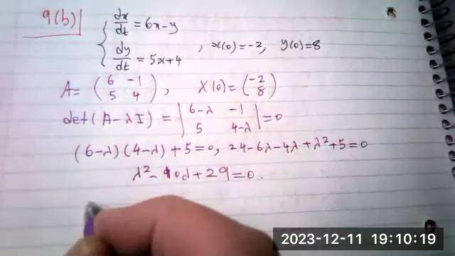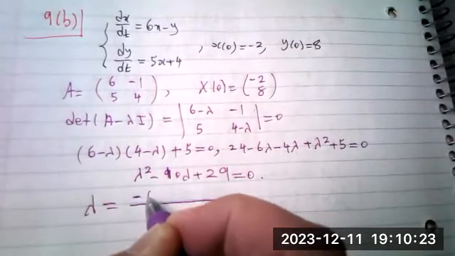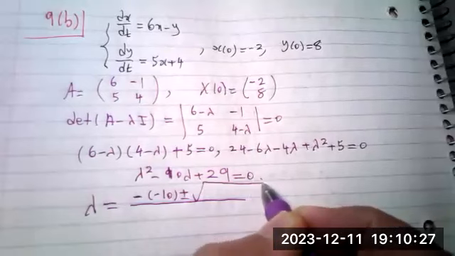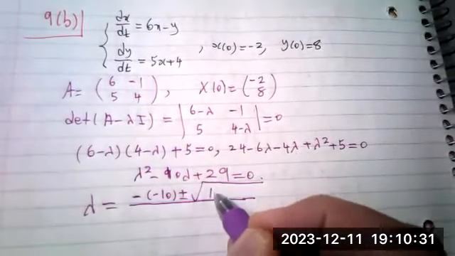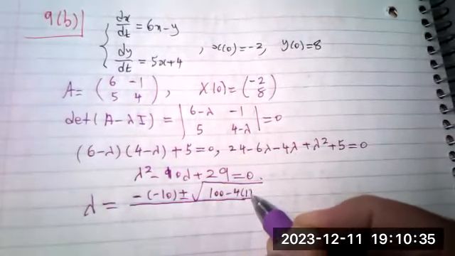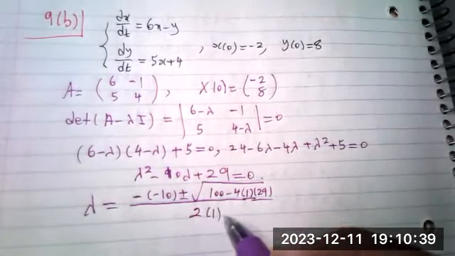So lambda is equal to 10 plus or minus the square root of b squared, which is going to be 100, minus 4ac, which is 1 times 29, divided by 2 times 1.